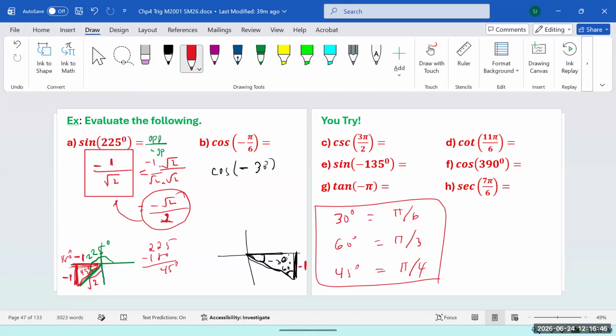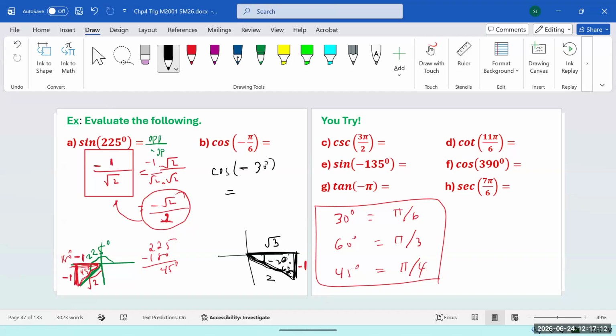Then how much is our hypotenuse? 2. And then lastly, the opposite of 60 degree is the x-axis. How much is the x-axis? Square root of 3. And is square root of 3 positive or negative? Positive, because it's a positive sign. Okay, so now based on this, what is cosine here? Adjacent is square root of 3, and our hypotenuse is 2. The answer is square root of 3 over 2.